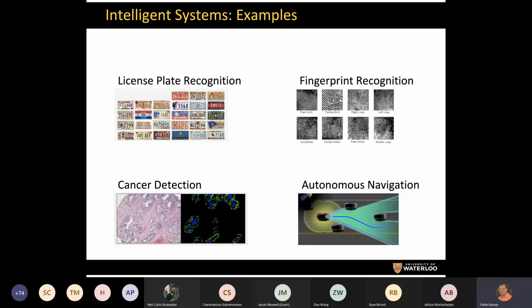We authenticate every day now on our cell phones using fingerprint recognition systems, and we utilize certain software that is within our own cell phones. Cancer detection is an area that has been prospering over the past few years.